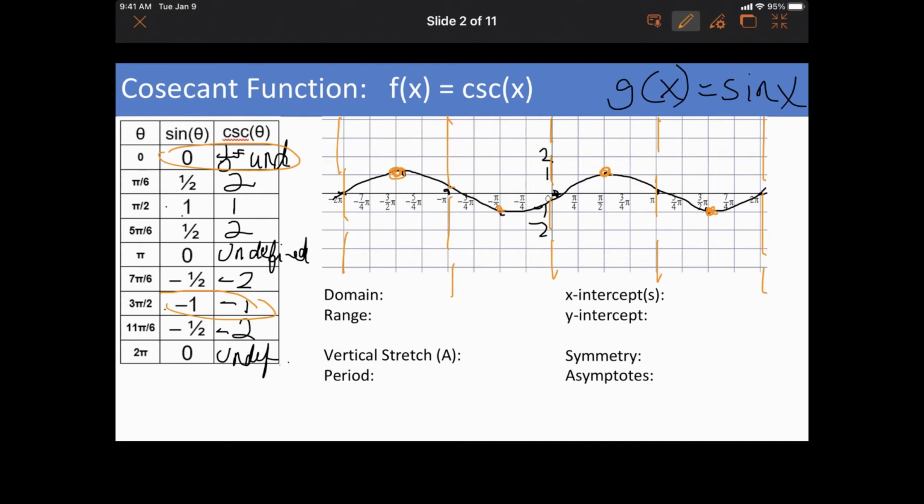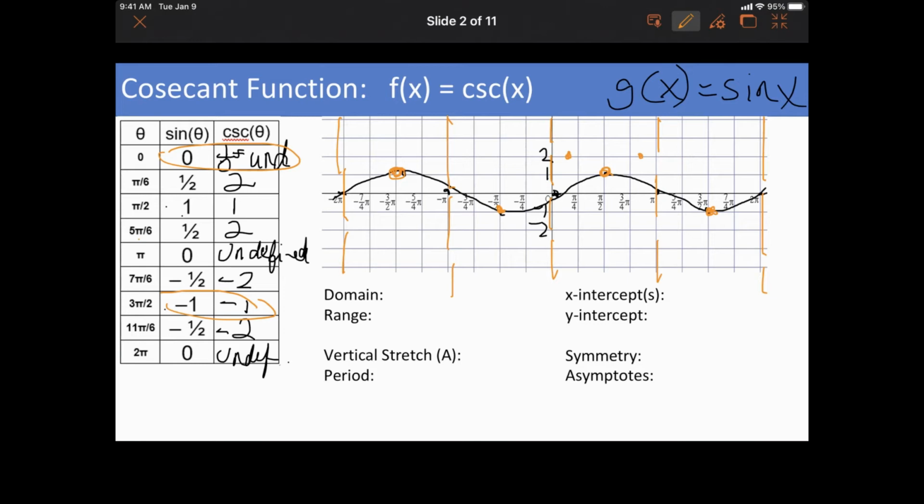So where the peaks are and the valleys are for the sine, that's where the points are also for cosecant. But it said at pi over 6, which is about here, right? It's 2, so it's actually up here. And 5 pi over 6 is up here.